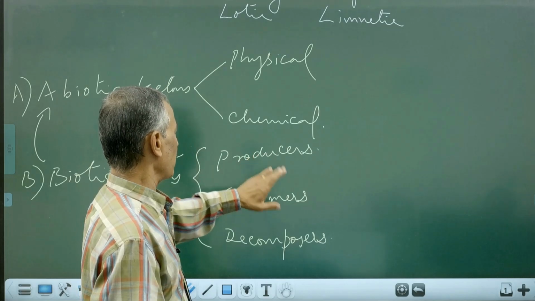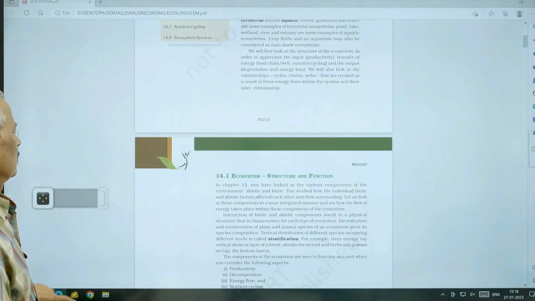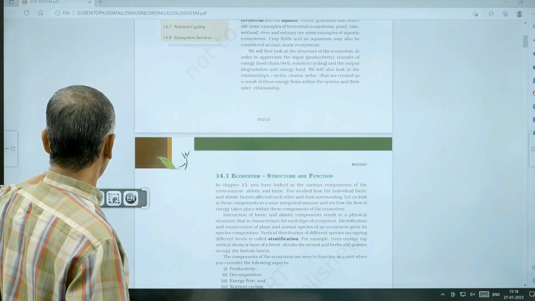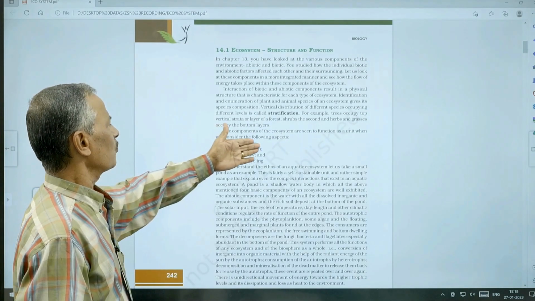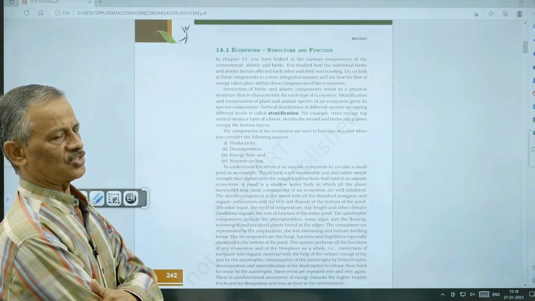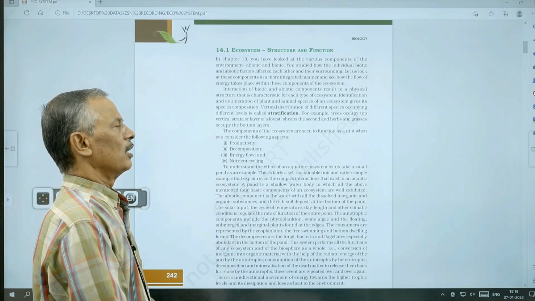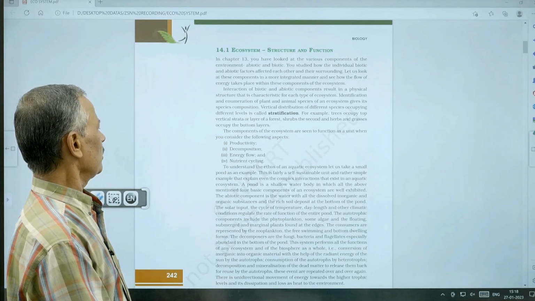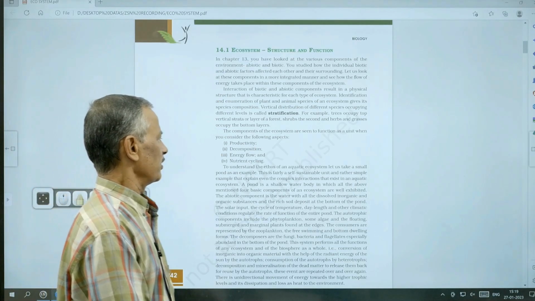Biotic factors are producers, consumers, decomposers, etc. And they interact in different ways. When they interact in different ways, there will be a number of important functions the ecosystem is performing, like productivity, that is production, decomposition, energy flow, and nutrient cycling.